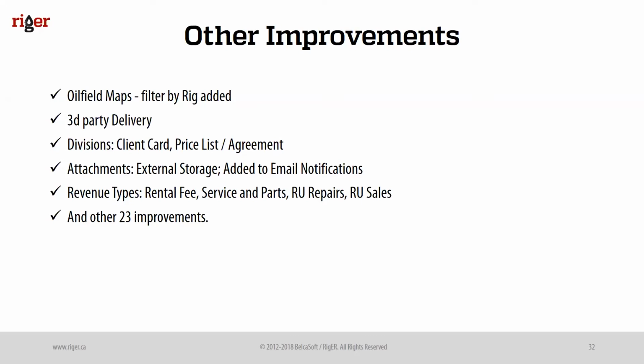Division is a property of the client, and you can create a price list and agreements for a specific division, based on the client's division. Each client can have multiple divisions, and once you select this client in the rental service agreement and specify the division, the prices will be taken from the specific price list or price agreement based on the division of this client.